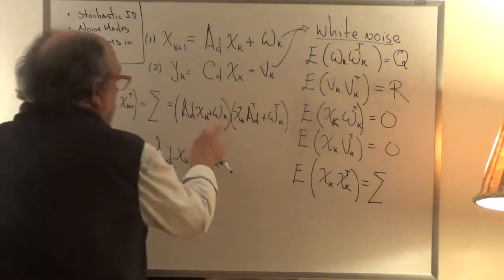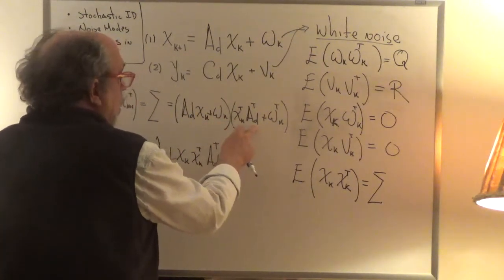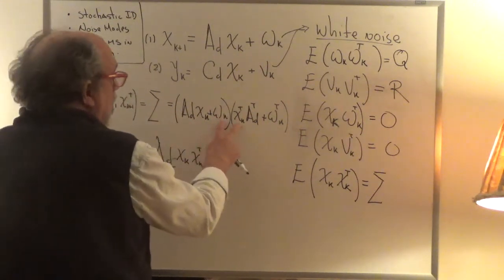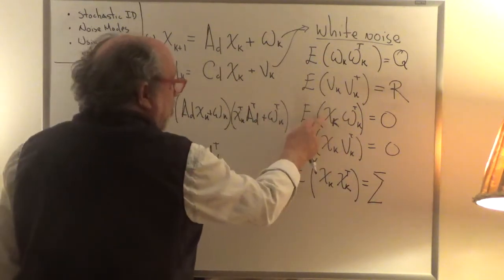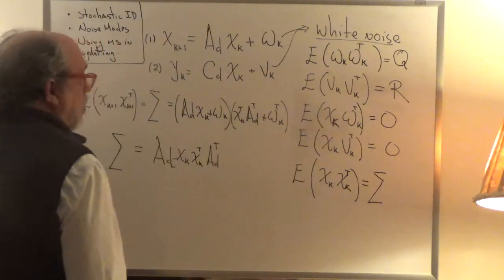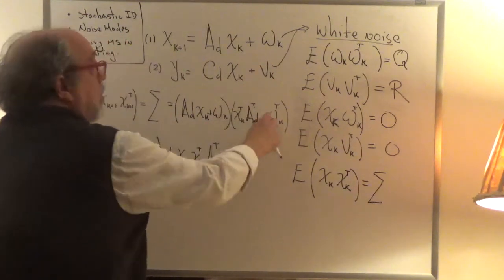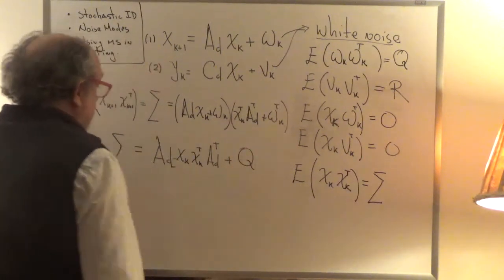If I now start with this one, I get omega k xk transpose AD transpose. And the expected value, because I'm taking expectations all along, of omega k xk transpose is just the transpose of that, which is also 0. And so I'm just left with omega k omega k transpose, and that is Q. So what we have is that.